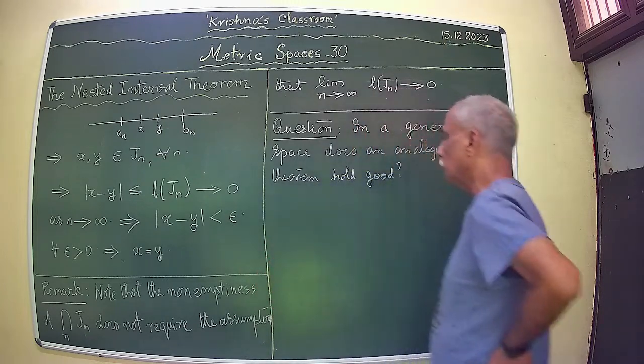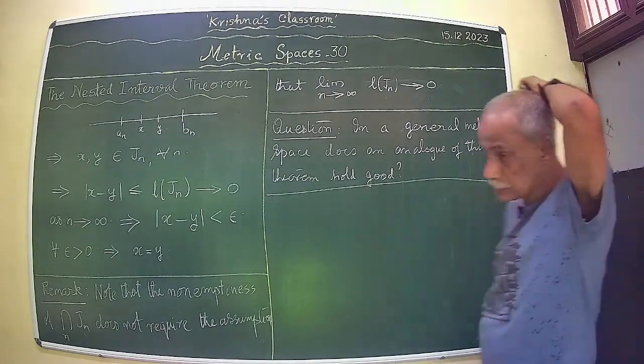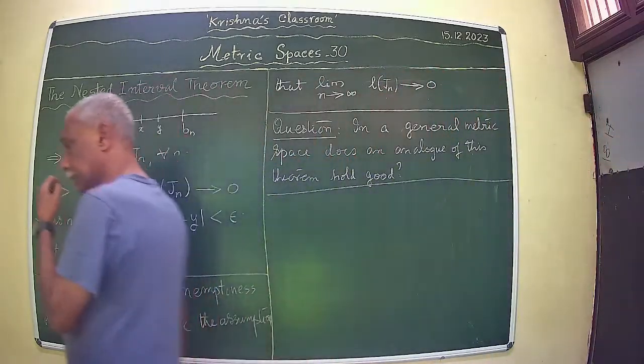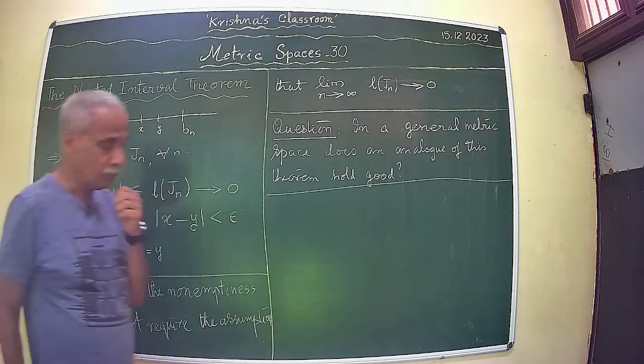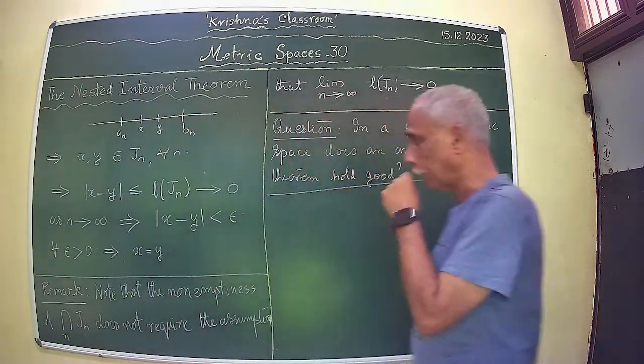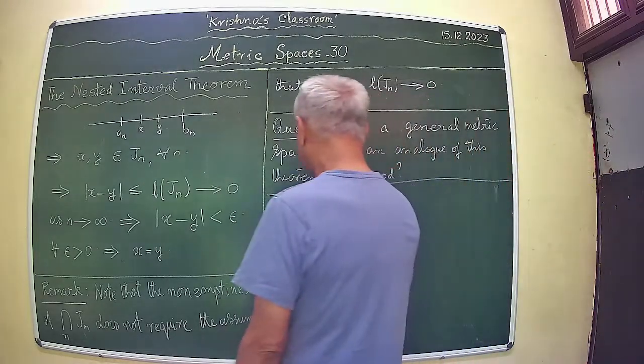This is a question. How does this particular result possibly get generalized in a metric space? Let us get back to our nested interval theorem. We have these assumptions.